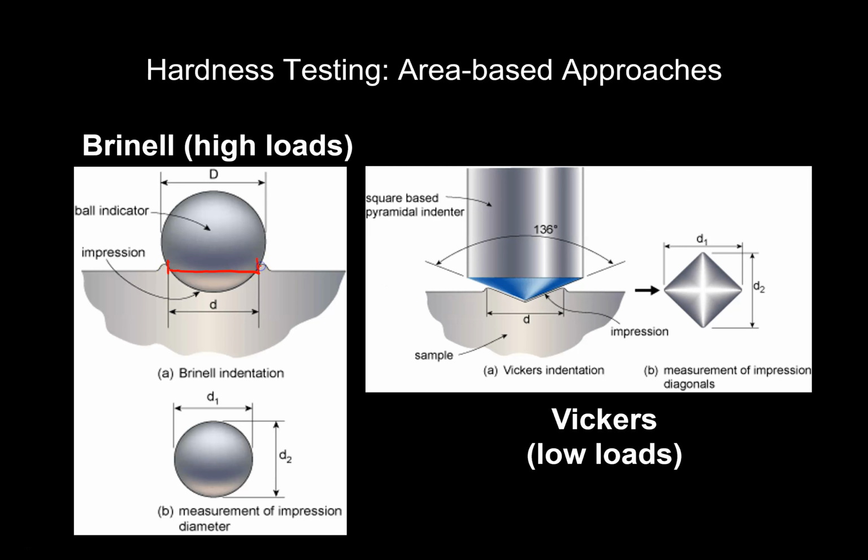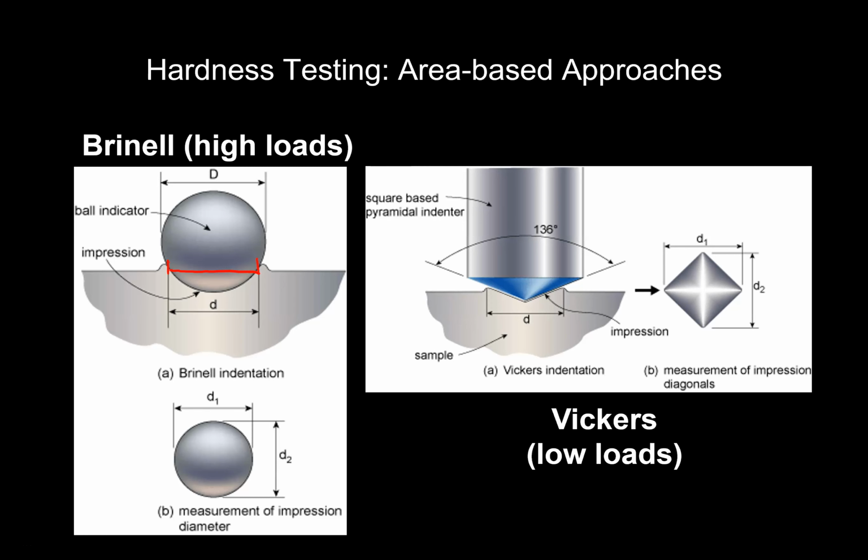This is a measure of the area of contact, which is used in the contact pressure. The force applied divided by the contact area gives you a contact pressure that resists the penetration of the tip, and which is used here as a measure of hardness.